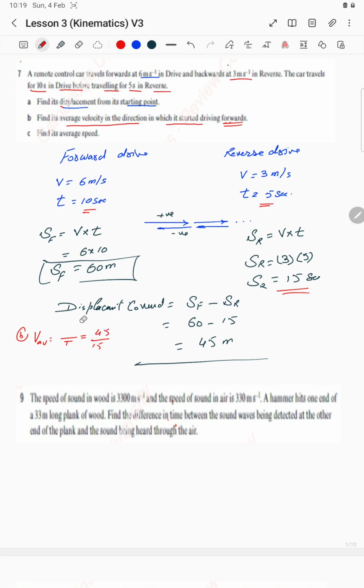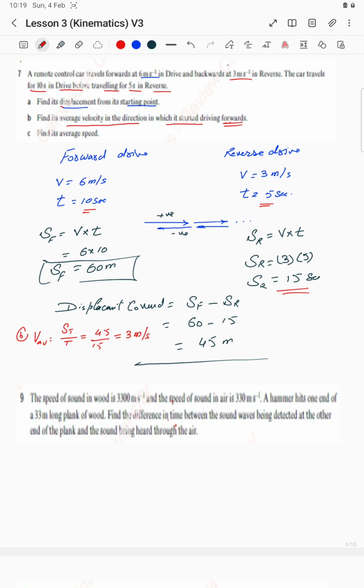So 45 divided by 15 will be 3 meters per second, the average velocity when the car started driving in the forward direction.